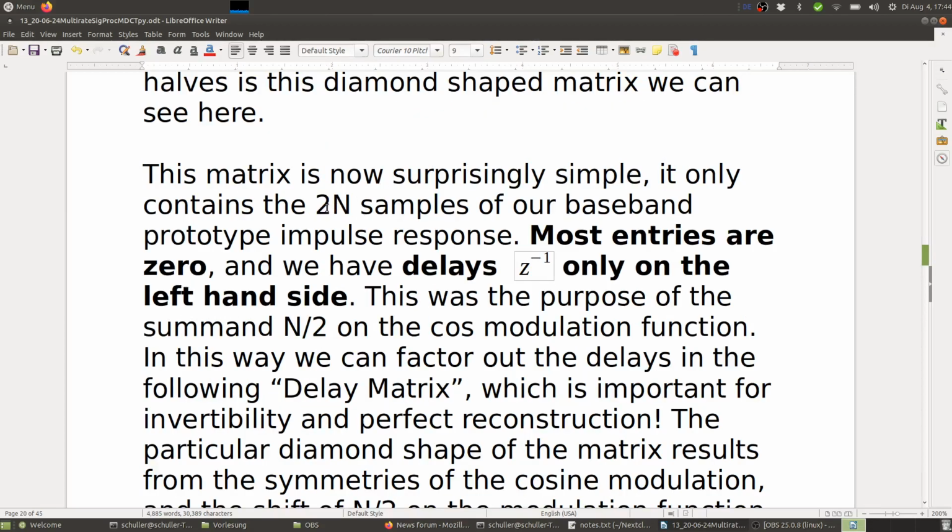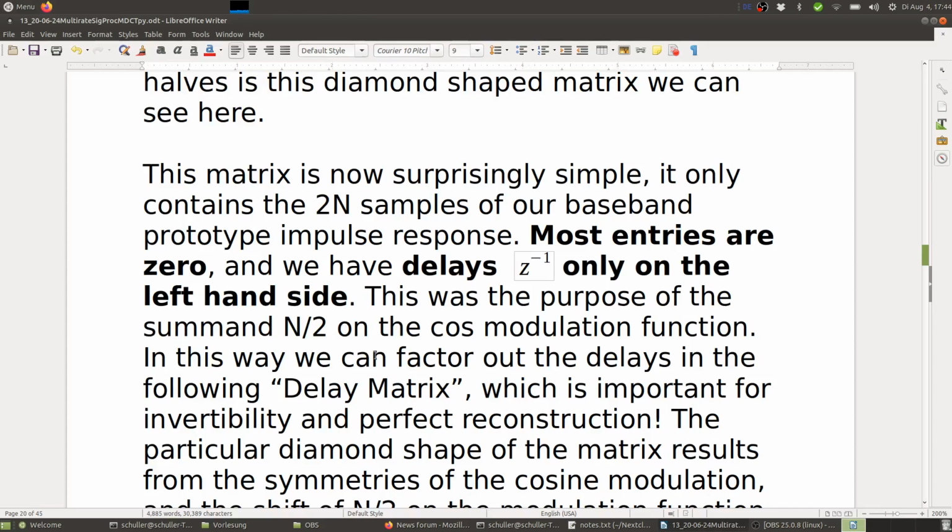It only contains the 2n samples of our baseband prototype impulse response. Most entries are 0, and we have delays z to the -1, delays by 1 sample, only on the left-hand side. This was the purpose of the summand n/2 in the cosine modulation function.